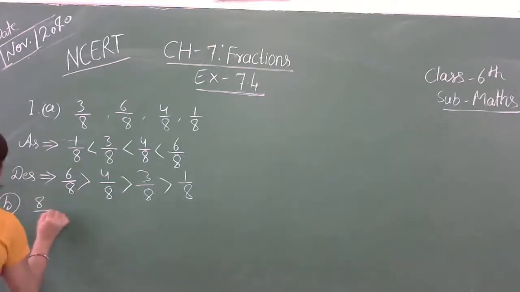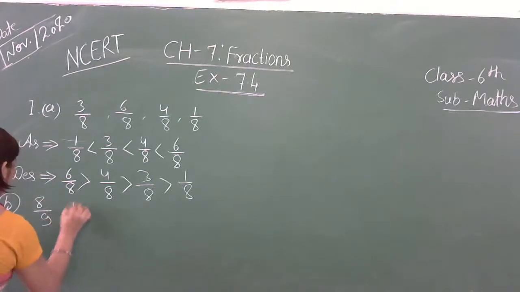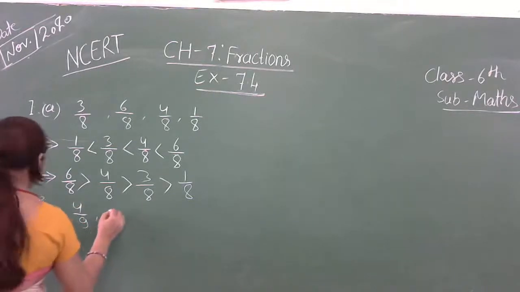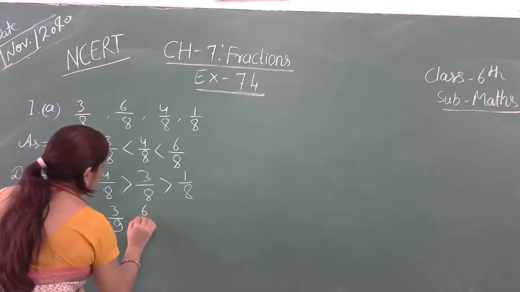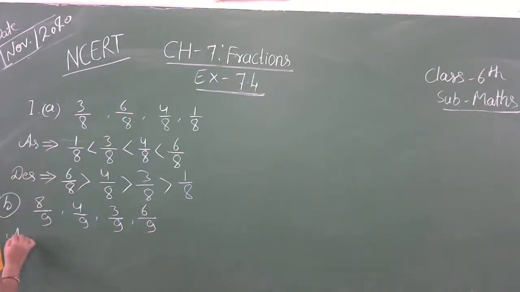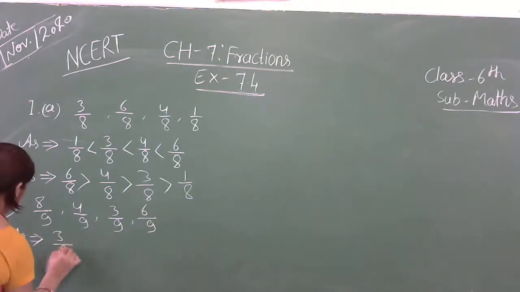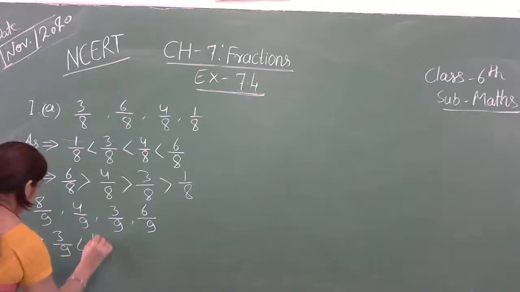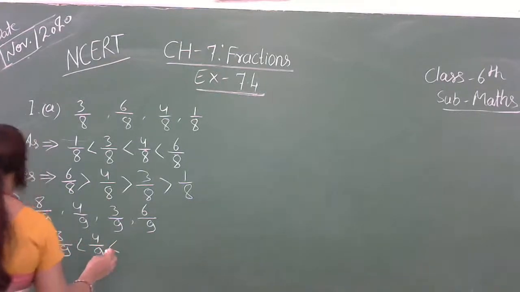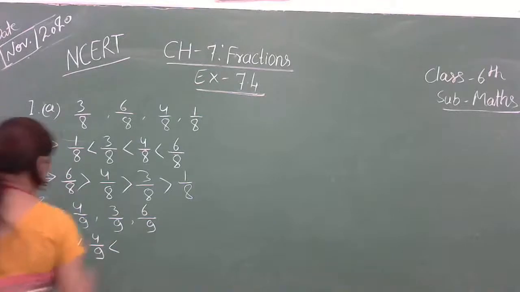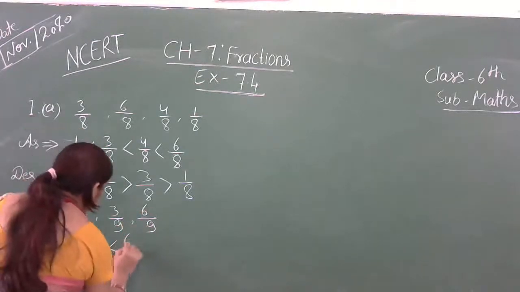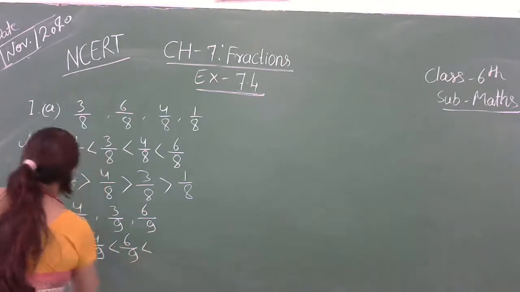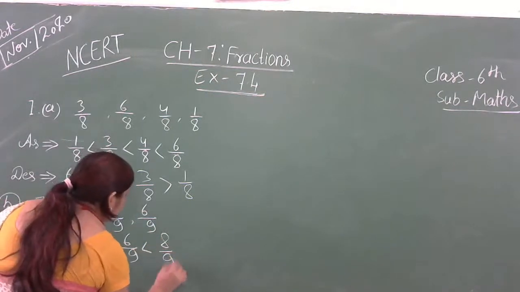8 upon 9, 4 upon 9, 3 upon 9, and 6 upon 9. So first arrange in ascending order with the sign: 3 upon 9 is less than 4 upon 9, less than 6 upon 9, less than 8 upon 9.